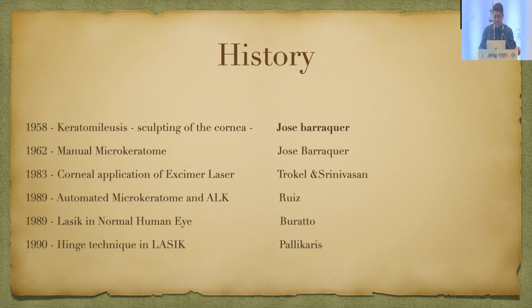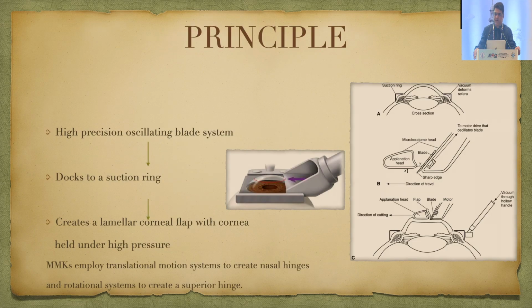So as Dr. Rajesh said, from the older times the microkeratomes have advanced, and now we have advanced microkeratomes. The basic principle of all the microkeratomes, whatever company we use, is a high precision oscillating blade system. This system docks to a suction ring and creates a lamellar corneal flap in the cornea.